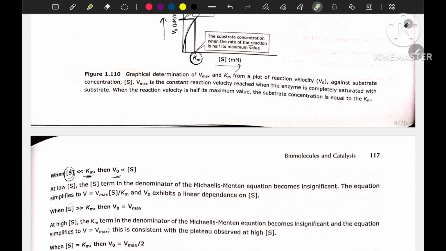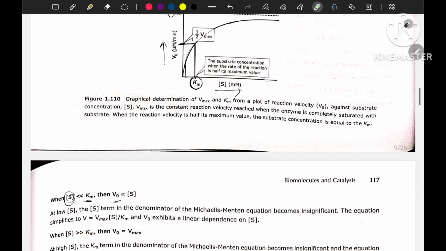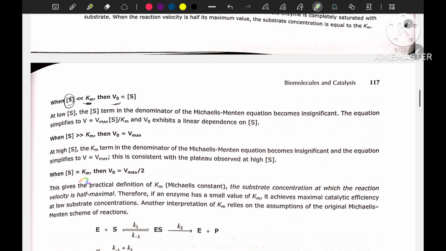When S is way greater than Km, S is like here, okay, then V naught reaches the V max. We can see it through the graph and through the Michaelis-Menten equation. So when S is equal to Km, then V naught is equal to V max by 2.